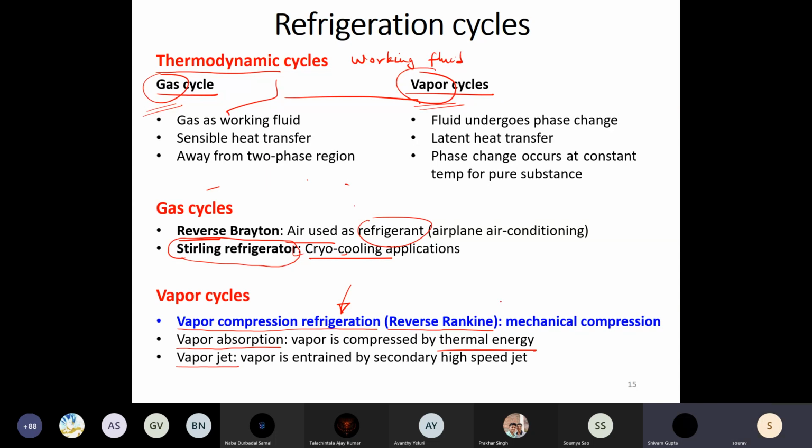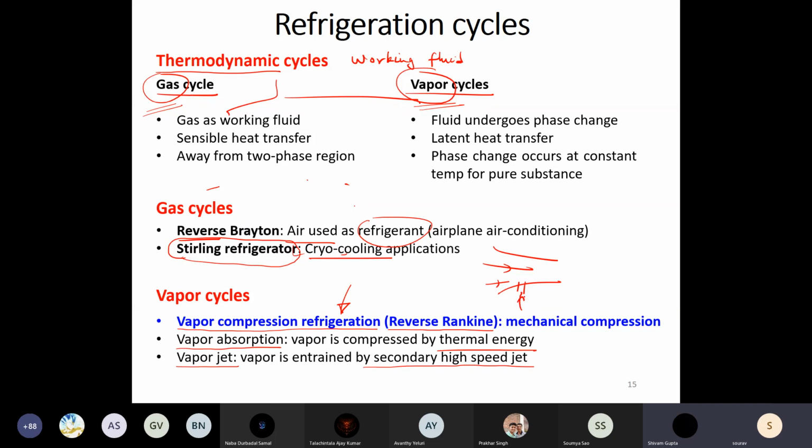There are other ways of compressing the working fluid, and one of them is using a secondary high-speed jet. These are again not the common cycles which we discussed in second year thermodynamics. This is called a vapor jet, where you use a primary jet to entrain a secondary jet. You can have a primary high speed flow, and then an inlet port from where you entrain the secondary working fluid, which is your refrigerant.